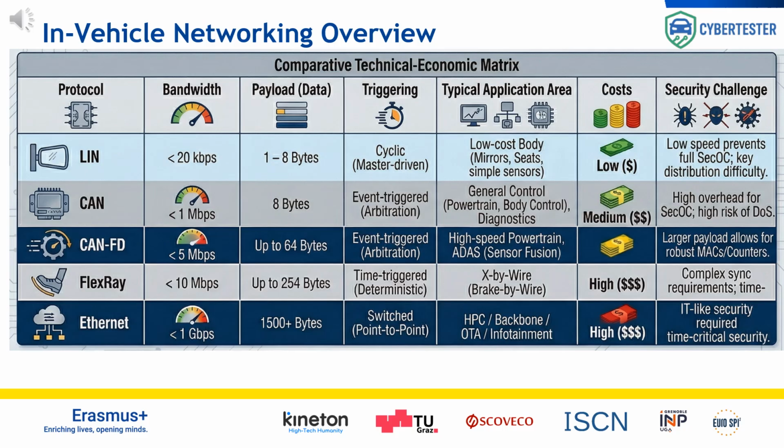Here you see an overview and comparison of the different in-vehicle networks. See the different payloads, triggering events, and especially the security challenges these protocols pose. Your job in cybersecurity testing is not just to check if the data arrives, but to verify that the gateway is correctly filtering and routing these messages between the domains.